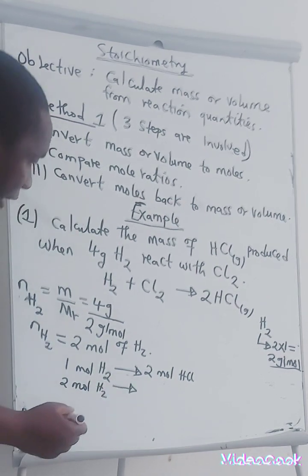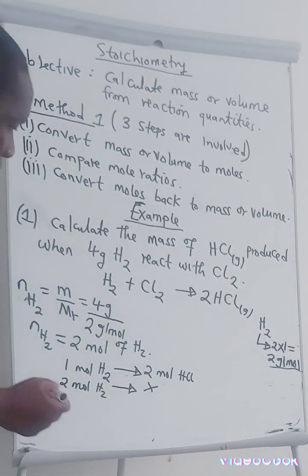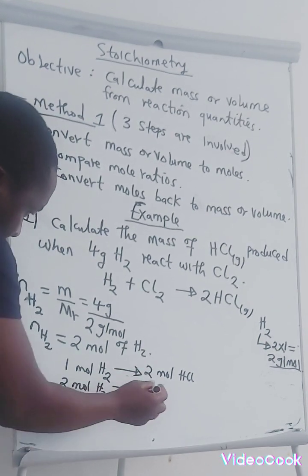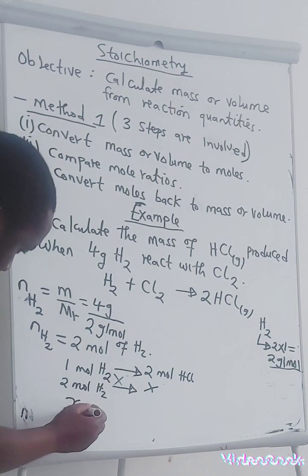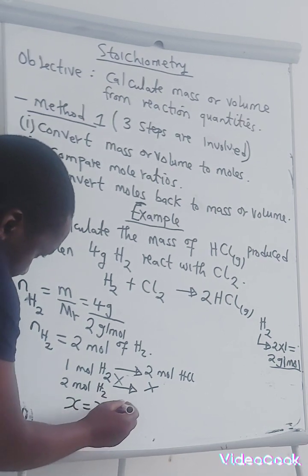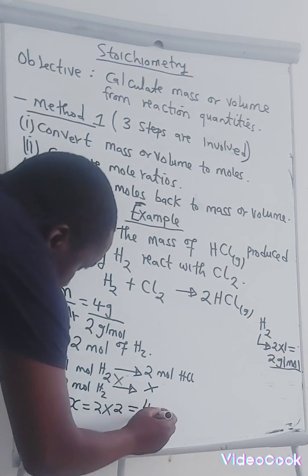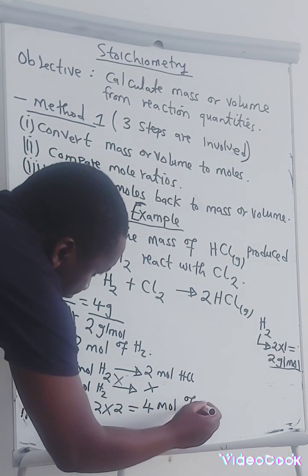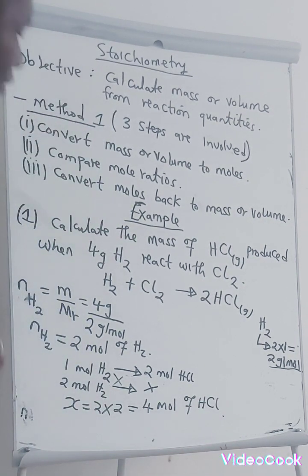We say X. Cross multiply, so X is equal to 2 times 2, which is 4 moles of hydrogen chloride. 4 moles of hydrogen chloride are produced.